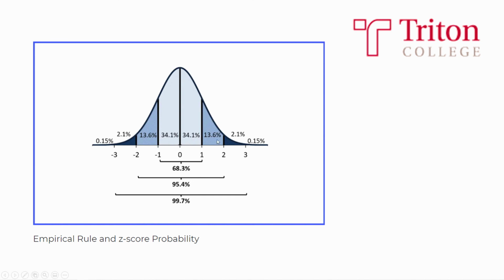Now, this 13.6 just means that 13.6% of observations will be between one standard deviation and 2 standard deviations above the mean. 2.1% will be between 2 standard deviations and 3 standard deviations above the mean, and a very small 0.15% will be more than 3 standard deviations above the mean.